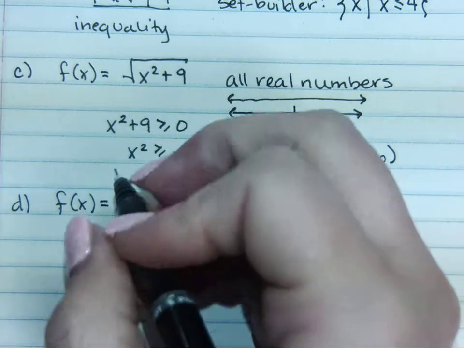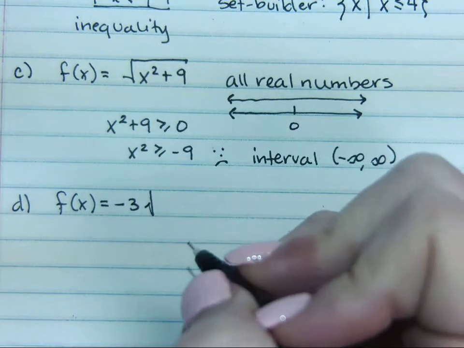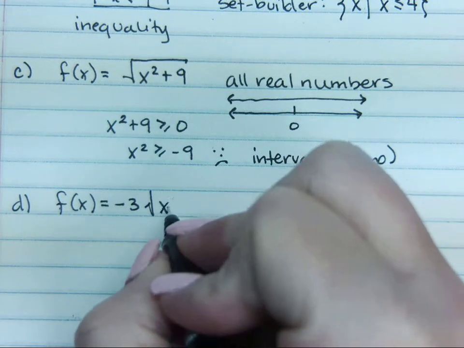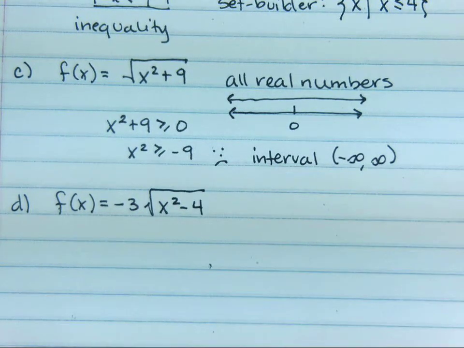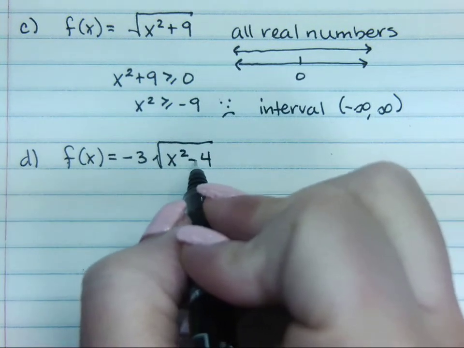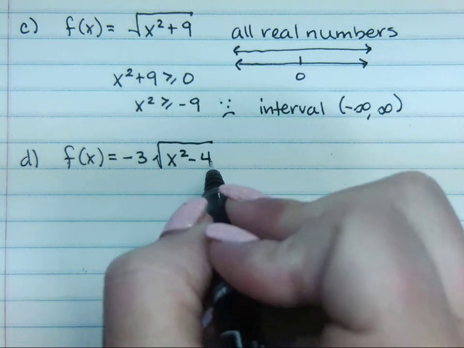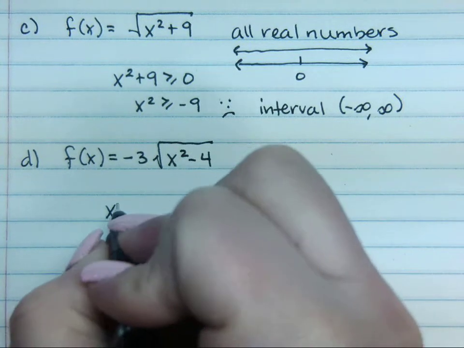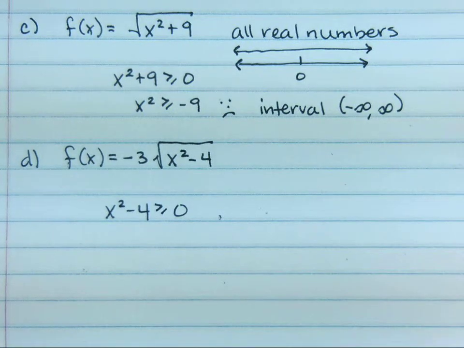For example, say I get negative 3 times the square root of x squared minus 4. Because of this minus sign, there are values that I can put here that, when I subtract 4, will be negative. So I still need to go about this in the same manner and take my radicand, set it greater than or equal to 0.